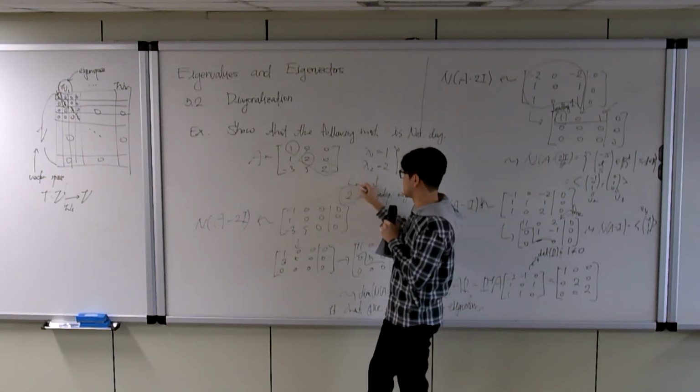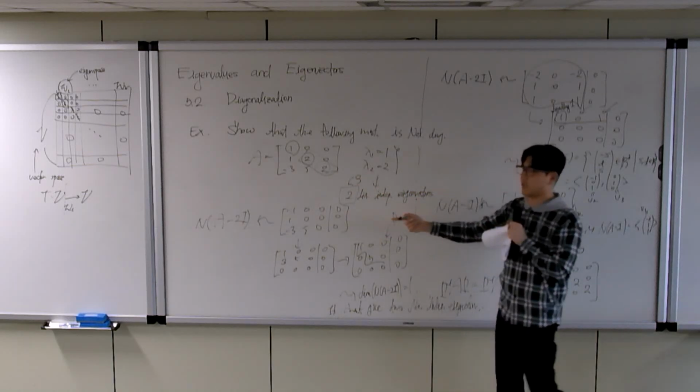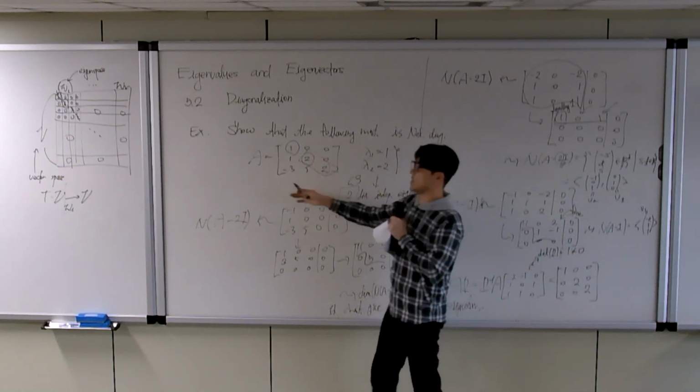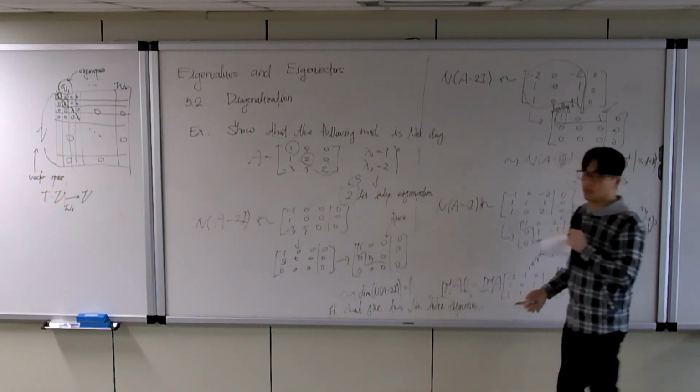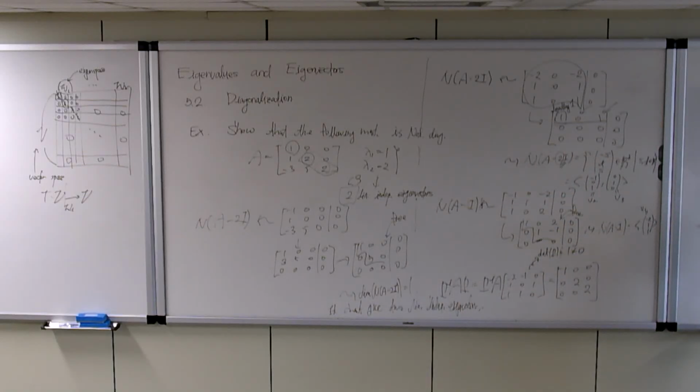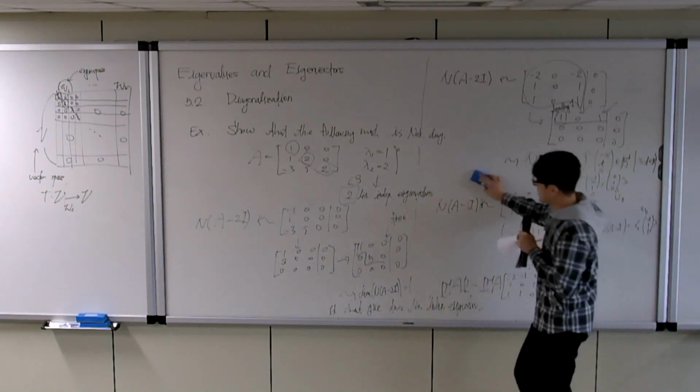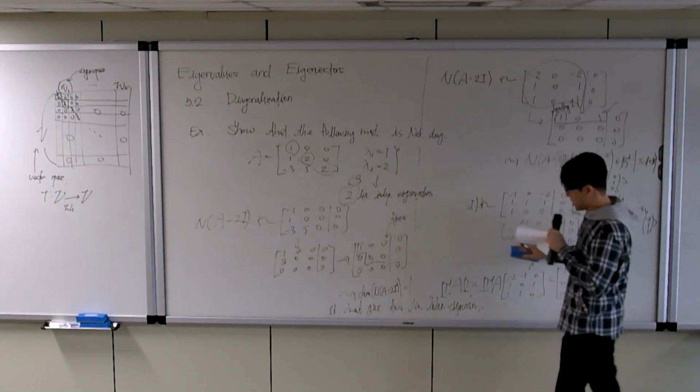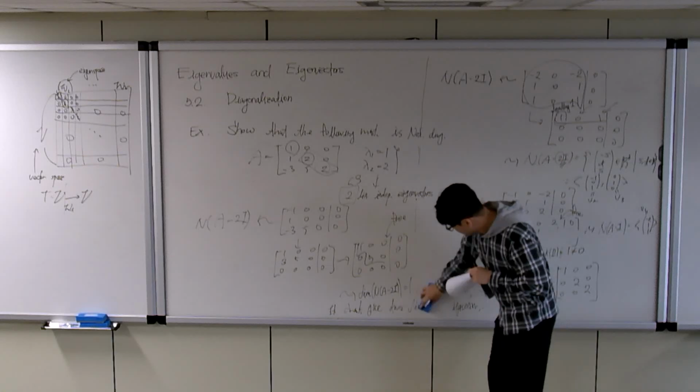But if you calculate the null space of 1 times the identity minus I, then it's the zero matrix. So the null space has dimension 3.